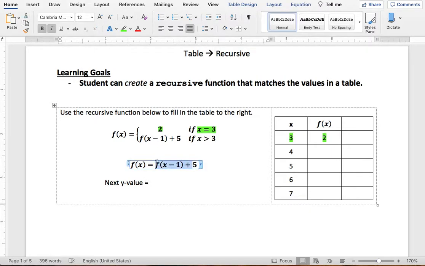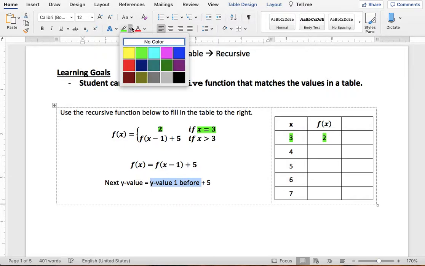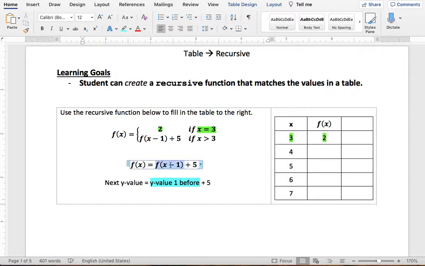This f of x minus 1 is one y value before. And then plus 5. So this right here matches this part.